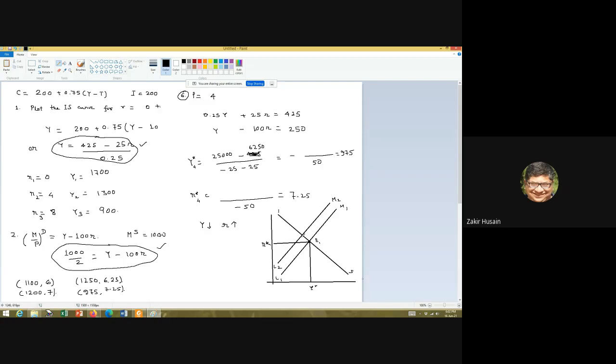The problem is that the LM curve has shifted to over here. So we are lying below the LM curve, which is excess demand.